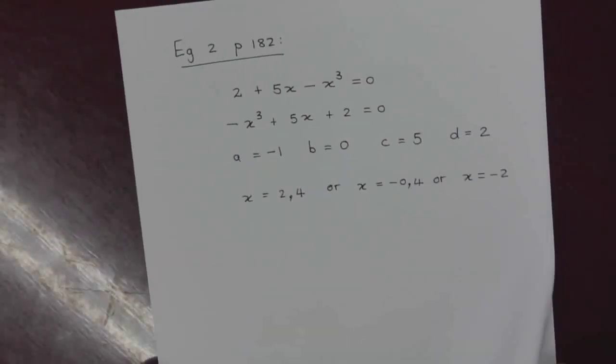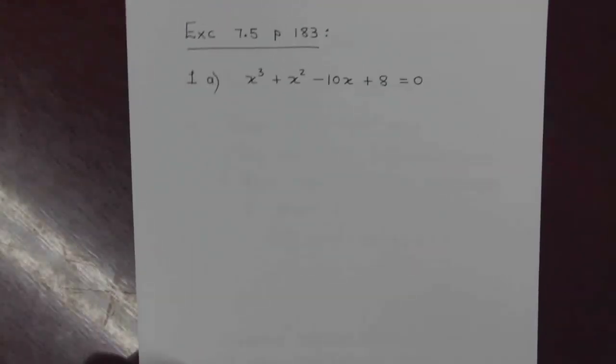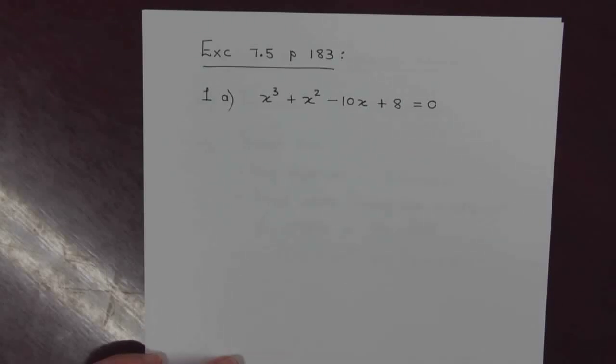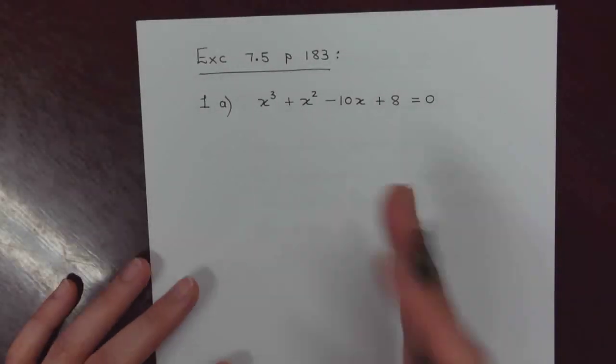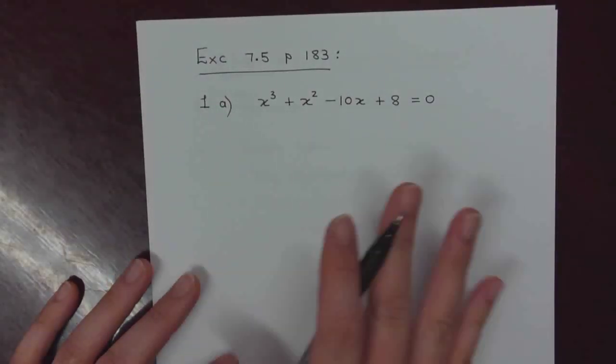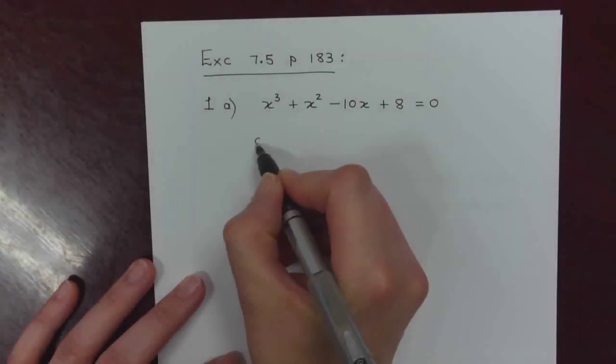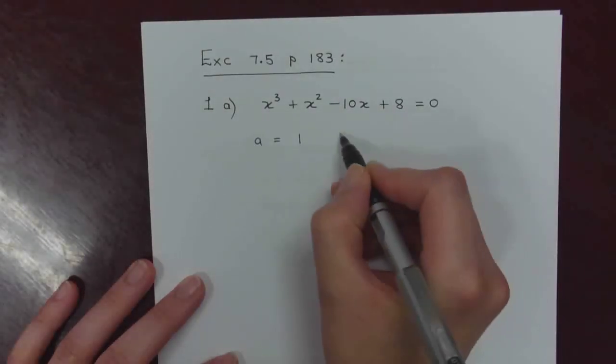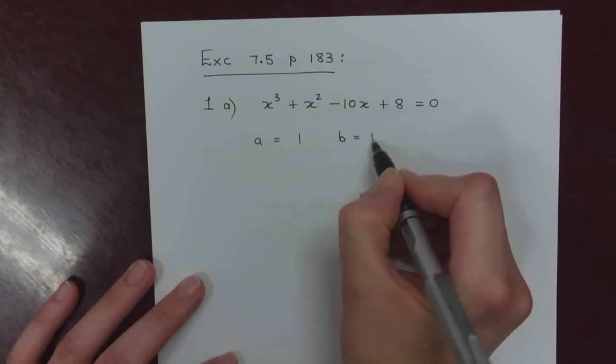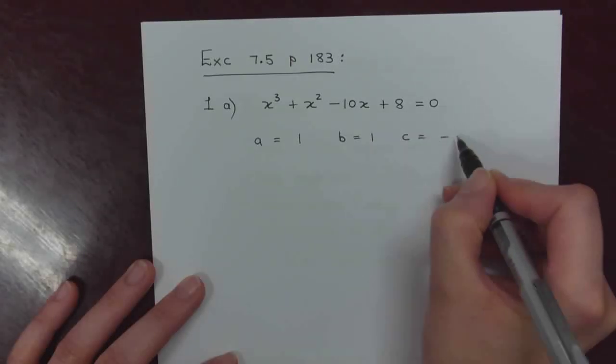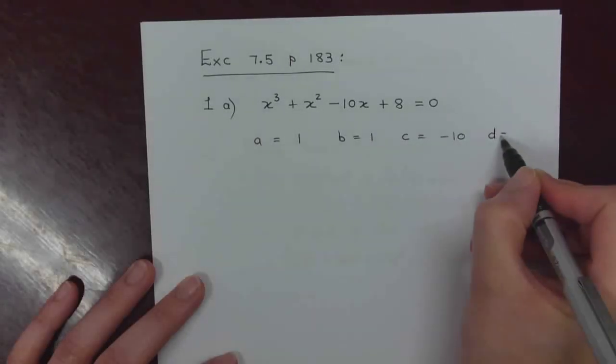Right, so another example. Again, using the calculator, very easy, simple, and straightforward. My a value is equal to 1. My b value is equal to 1. My c value is equal to -10. And my d value is equal to 8.